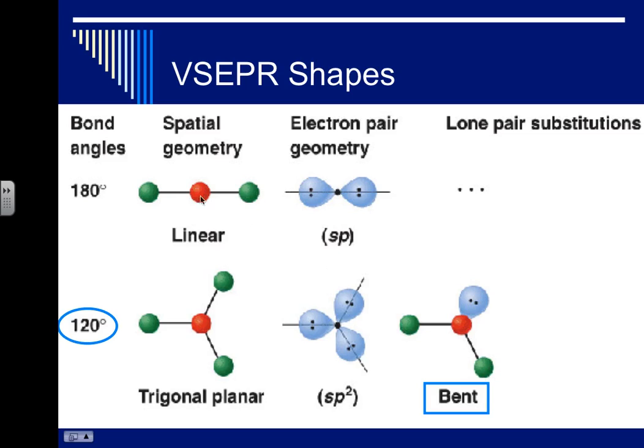In this case, these two atoms are perfectly in line with each other, 180-degree bond angle. But in the bent configuration here, notice that the issue is this lone pair. What the lone pair right here is going to do is push those other two atoms down and away from it because it wants more space.